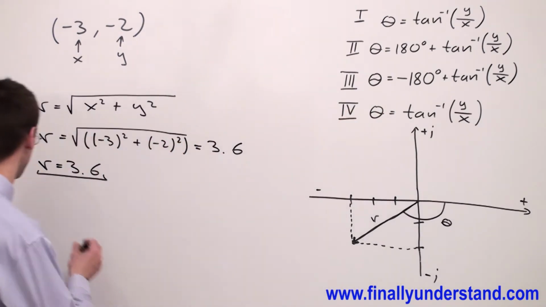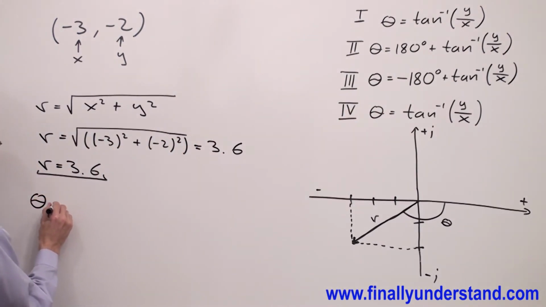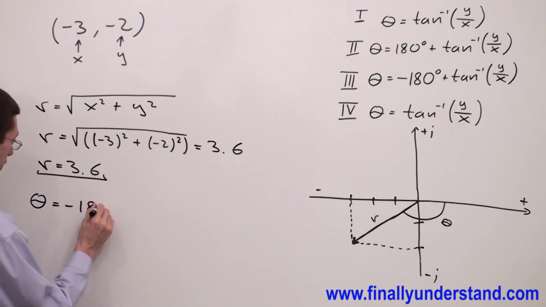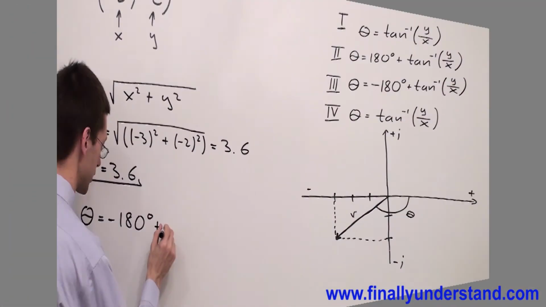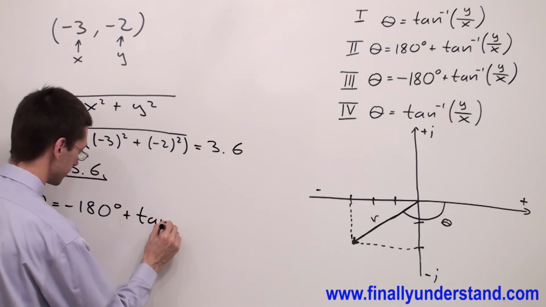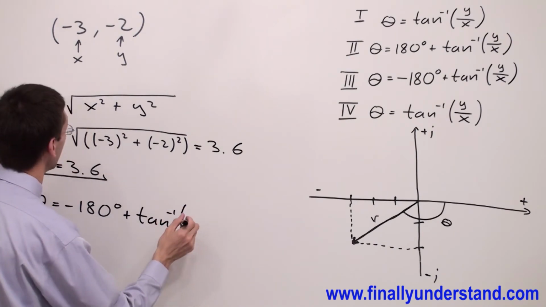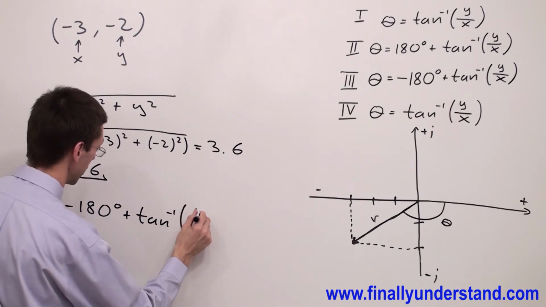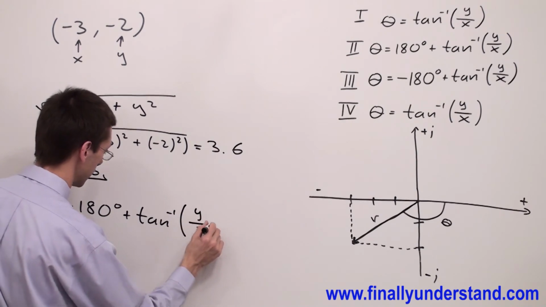Theta is equal to -180 degrees plus inverse tangent of my coordinates y over x.